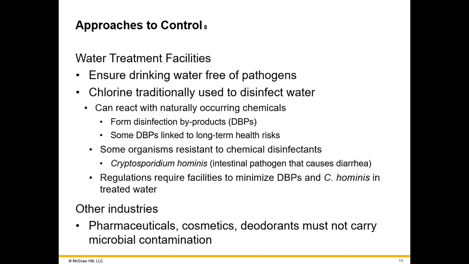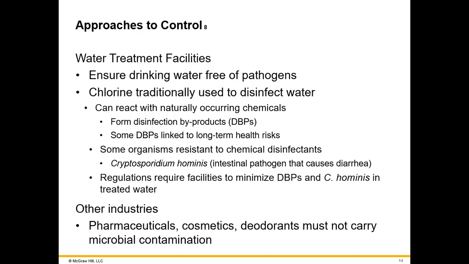So any other organic material present in the water, the chlorine will also react with and produce the so-called disinfection byproducts, or DBPs. And there's been extensive research into the health effects of DBPs, and some of them have been linked to long-term health risks. So whenever possible, the treatment with chlorine is also avoided.